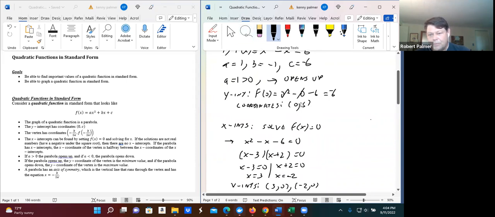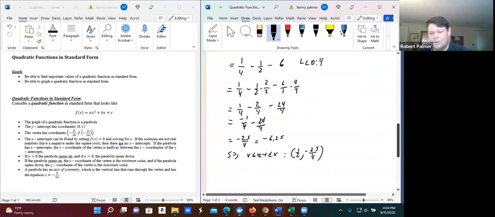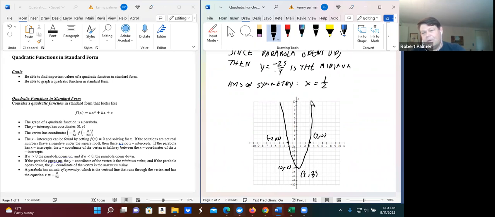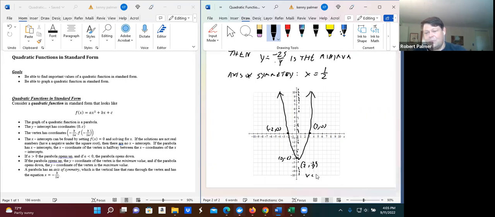Oops, I realized I forgot to make that negative. 0, negative 6. Actually, it's just right there. So if you graph this, it looks something kind of like this. Once again, you can verify this on a graphing calculator or another graphing website. Last thing, we have an axis of symmetry that comes right through the middle and divides the parabola in half. The parabola is a mirror image on each side of the axis of symmetry. The axis of symmetry, we just said, is the line x equals 1/2.